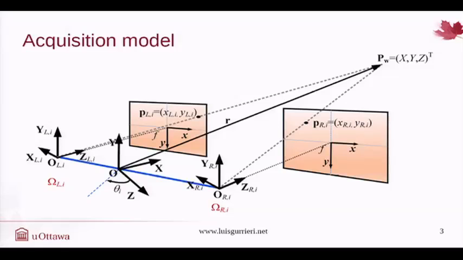We had the reference frame for each of the cameras, and a point in the scene could be projected into these two image planes. Using projective geometry and simple equations, we can calculate the horizontal disparity and the vertical disparity for different configurations.